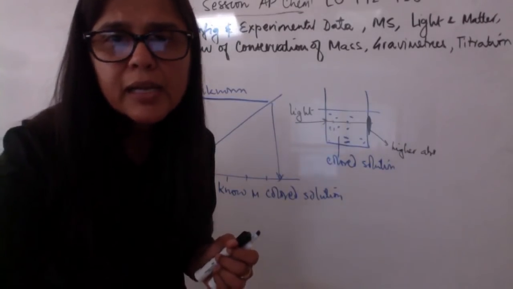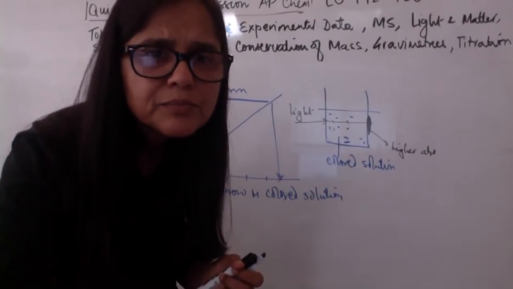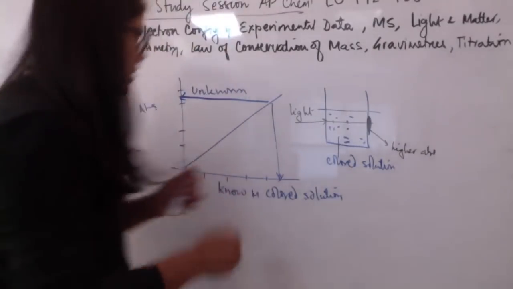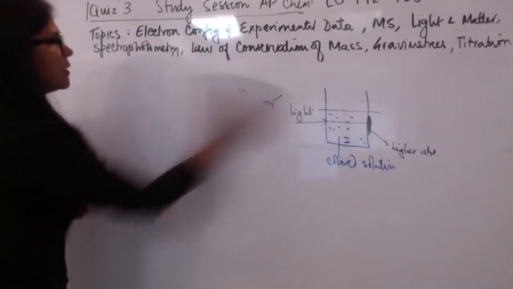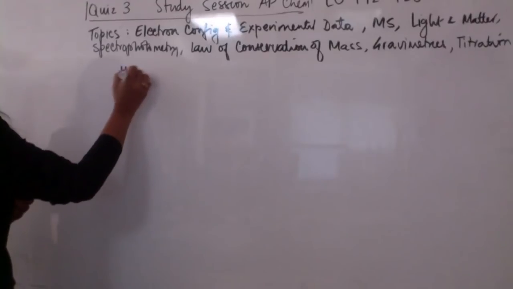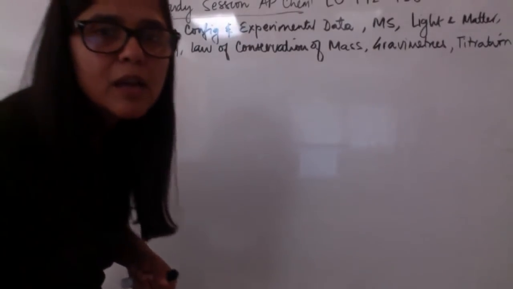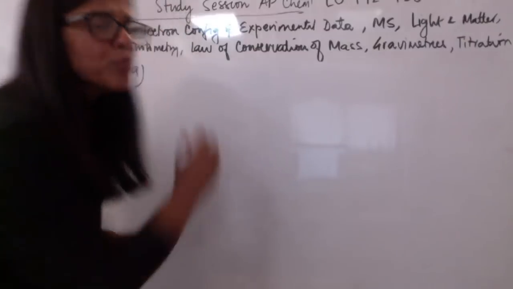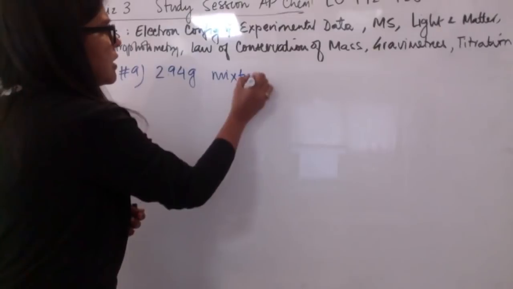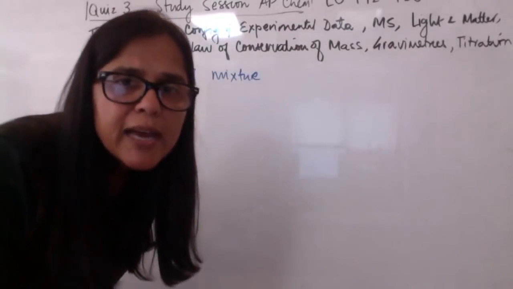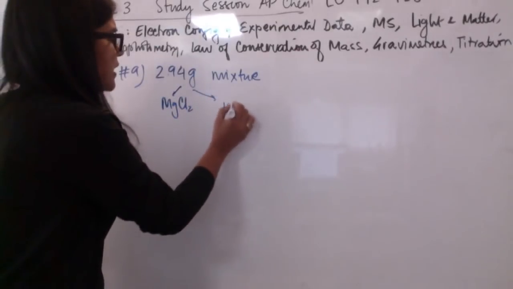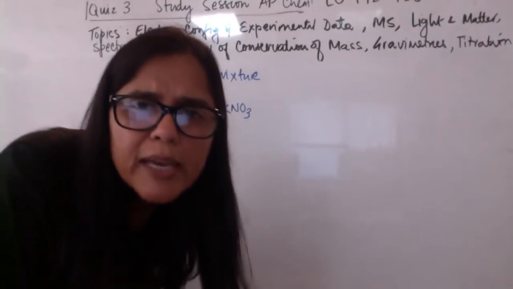Then number 9, Karina wants number 9. In an experiment, a student is given 2.94 grams of a mixture, and this mixture has two things, MgCl2 and KNO3.